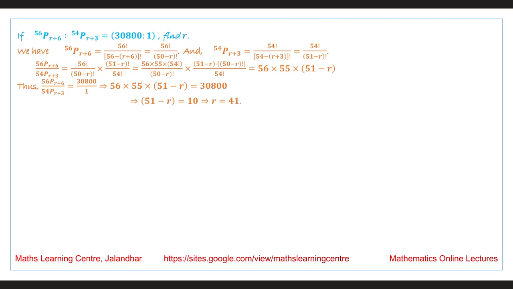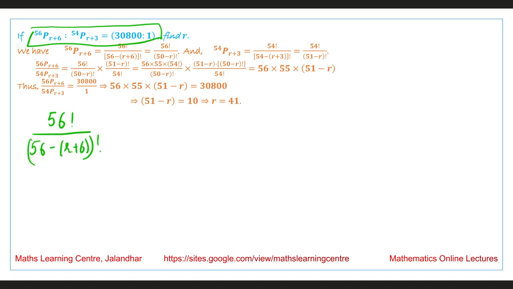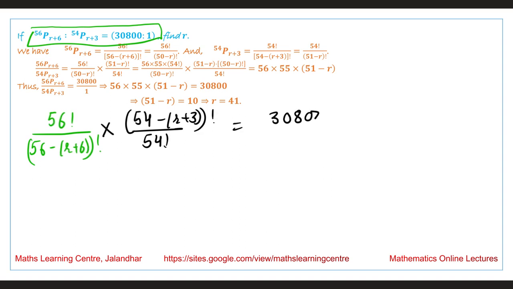Next, if 56P(r+6) : 54P(r+3), we write it as 56 factorial divided by (56 minus (r+6)) factorial, into 54 minus (r+3) factorial divided by 54 factorial, and the value is given to be 30800 is to 1.